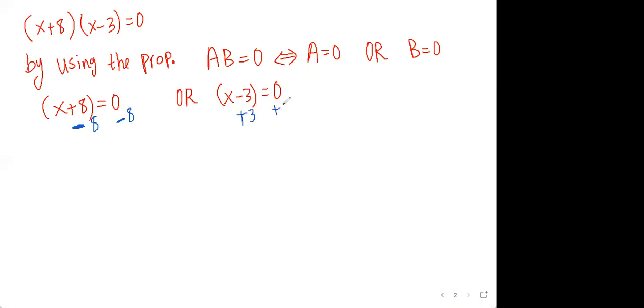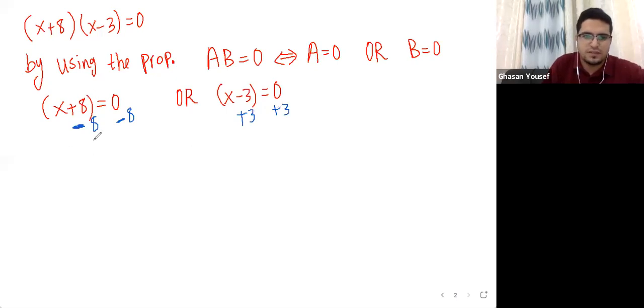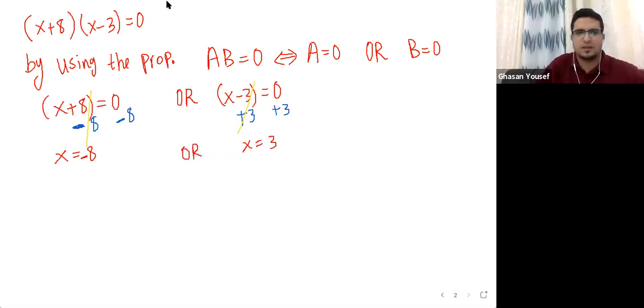Exactly, correct. So when I subtract the 8 from both sides, this will be cancelled. And when I add 3 to both sides in this equation, this is also cancelled. So now the answer is x equals minus 8, and the other one is x equals 3.